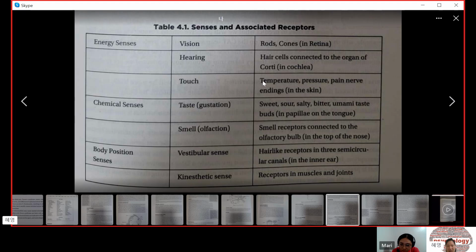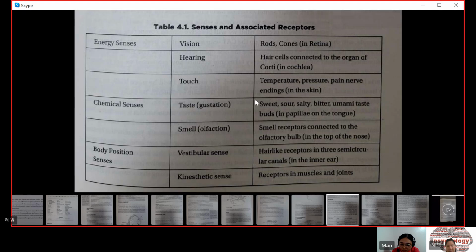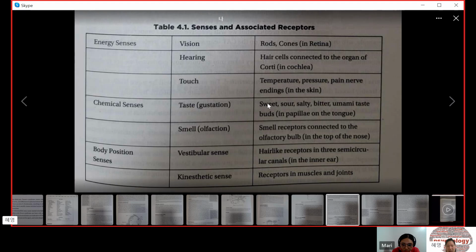And touch, it is temperature, pressure, pain nerve endings. And taste and smell. Taste: sweet, sour, salty, bitter. And smell, receptors connected to the olfactory bulbs. And vestibular sense, hair-like receptors in 3 semicircular canals. Kinesthetic sense, receptors in muscles and joints.